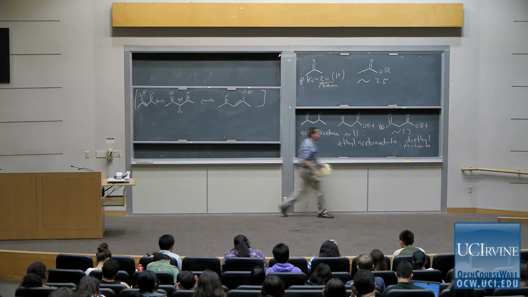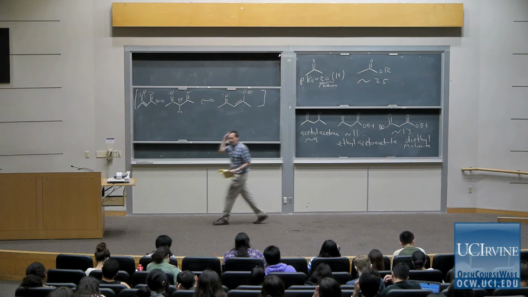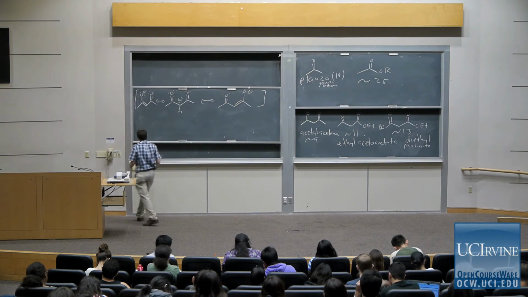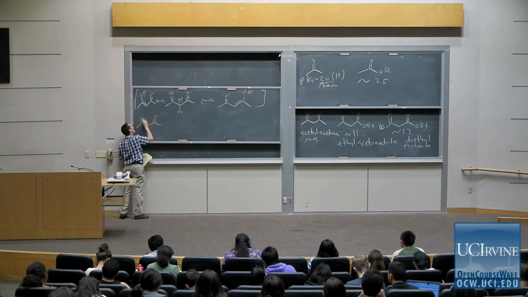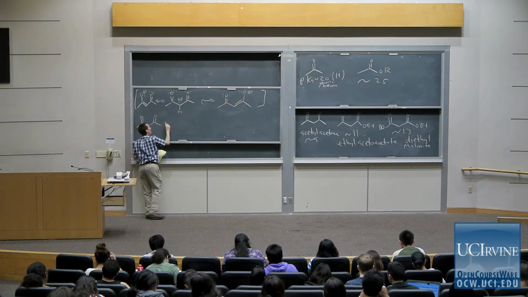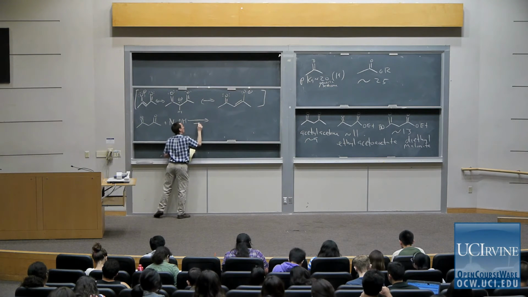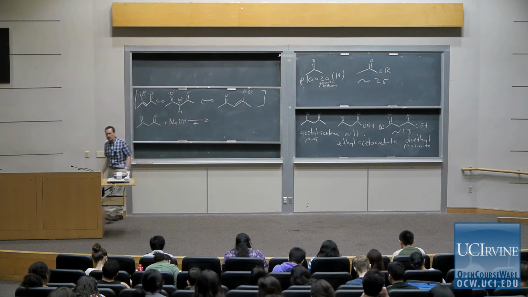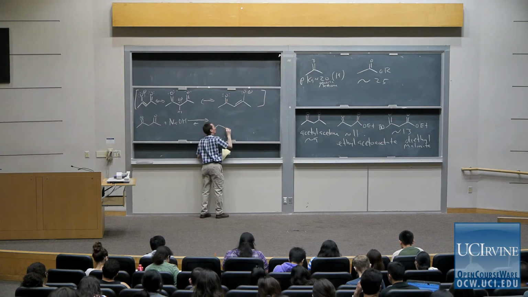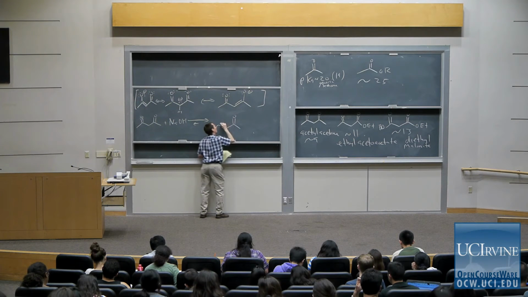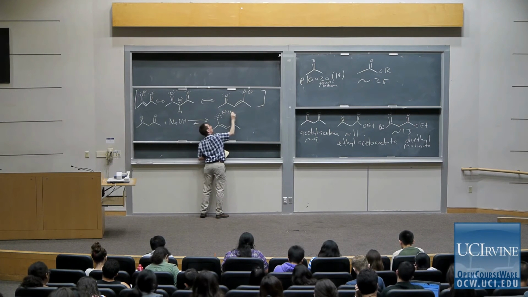Now, what does 9 mean? 9 means that unlike acetone, if I treat acetylacetone, 2,4-pentanedione, with sodium hydroxide, I'm going to have an equilibrium that's going to lie to the right to give the corresponding anion, the corresponding enolate.